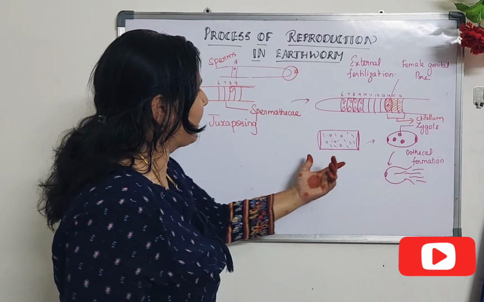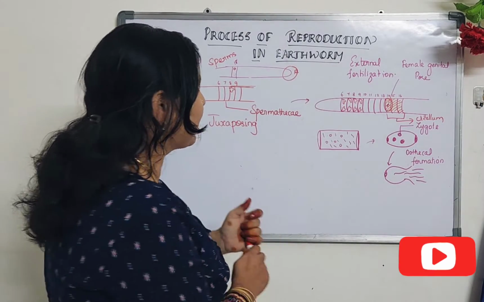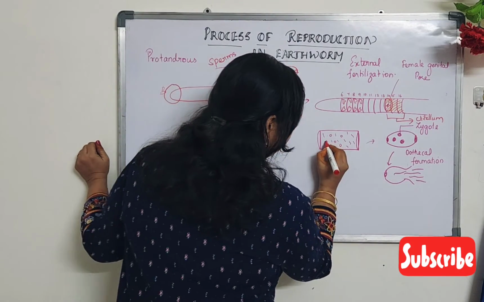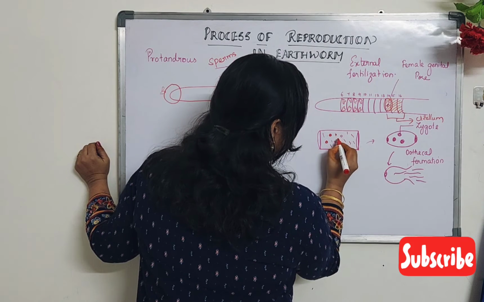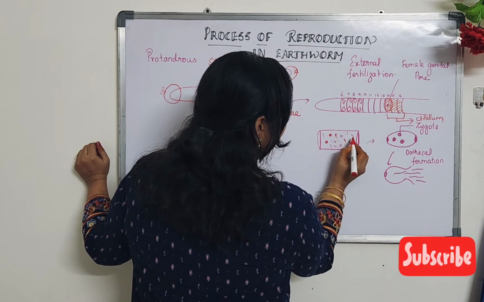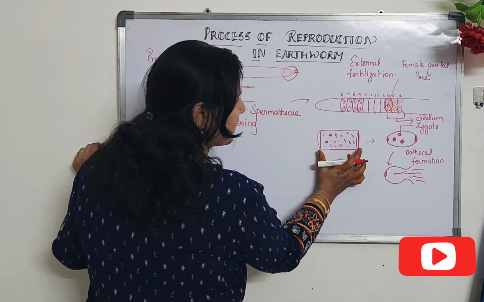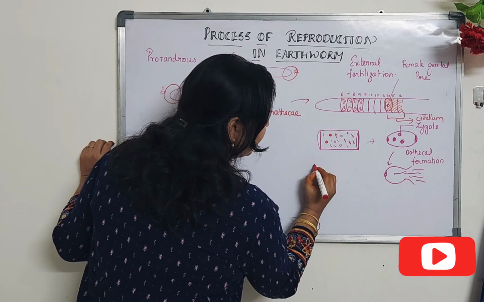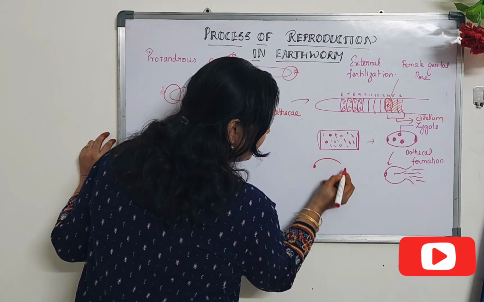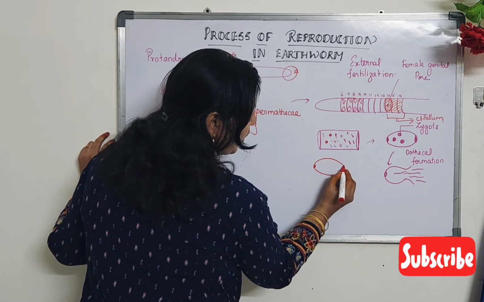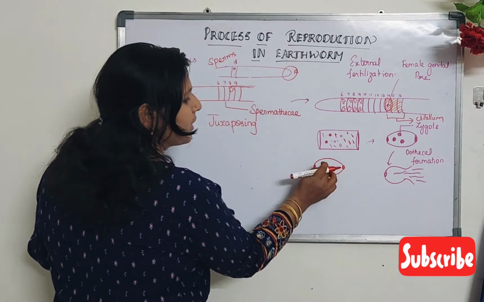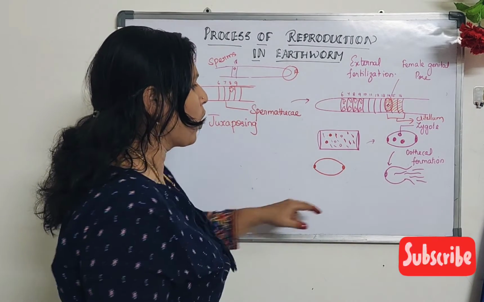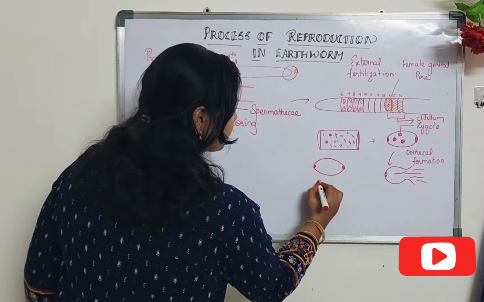That clitellum consists of the ova as well as the sperms. This clitellum becomes a spherical structure which we call a cocoon, and these cocoons are also called ootheca.